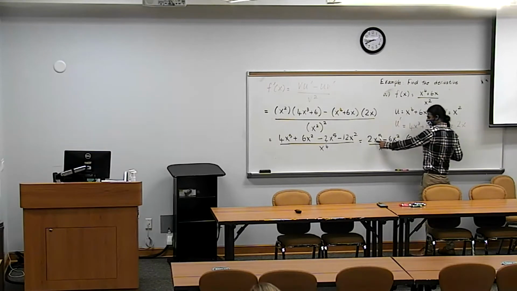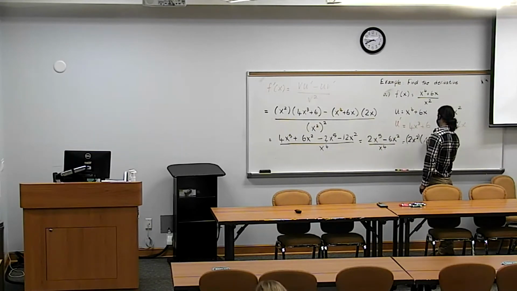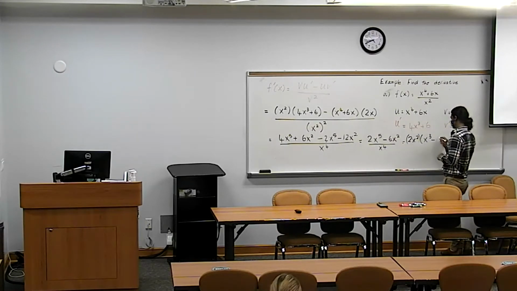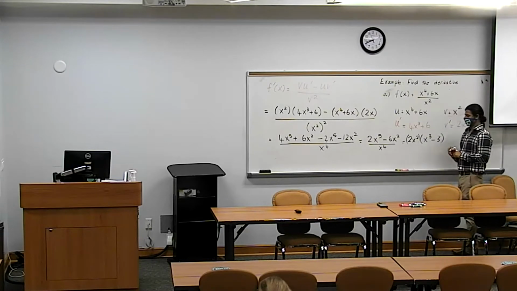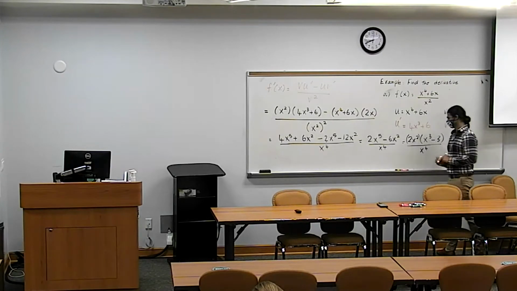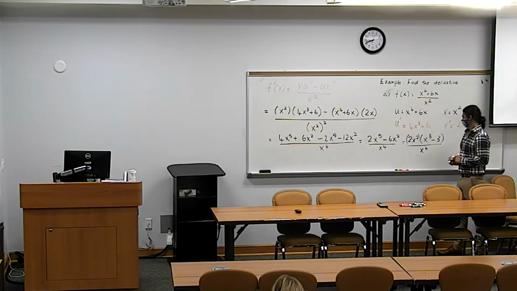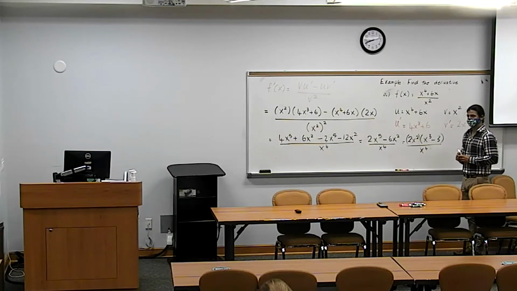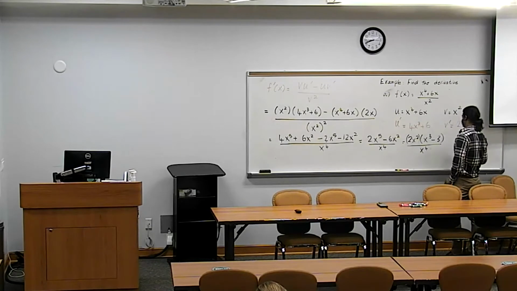So if I pull 2x squared out of x raised to the 5, I have x cubed. 2x squared out of 6x squared, I'd have 3, divided by x raised to the 4. X squared there, x raised to the 4 there, those two would get cancelled. I have x squared. So the final answer would be 2 multiplied by x cubed minus 3, divided by x squared.